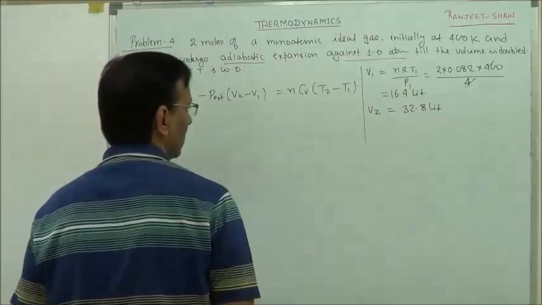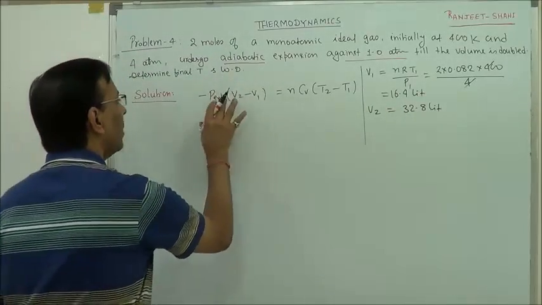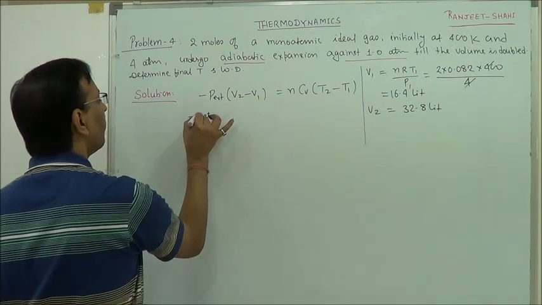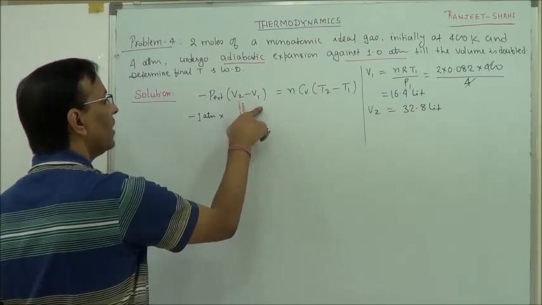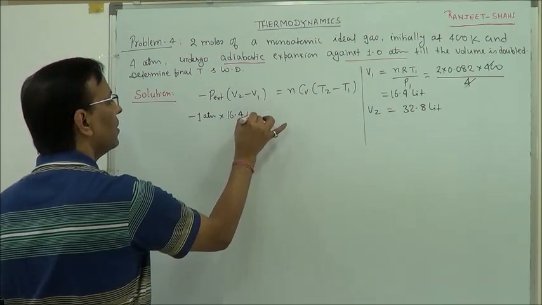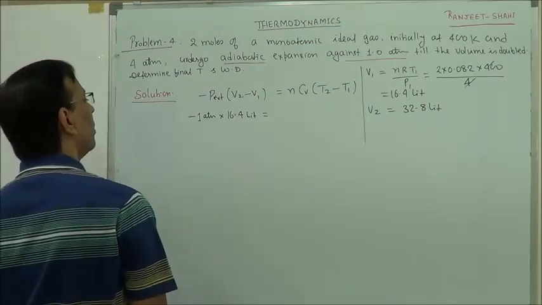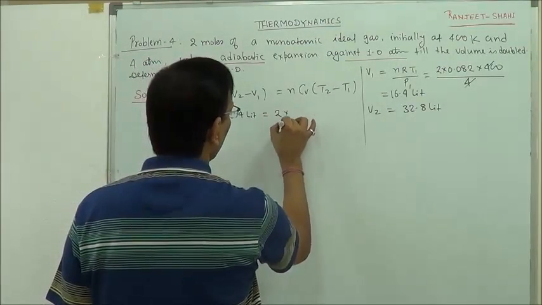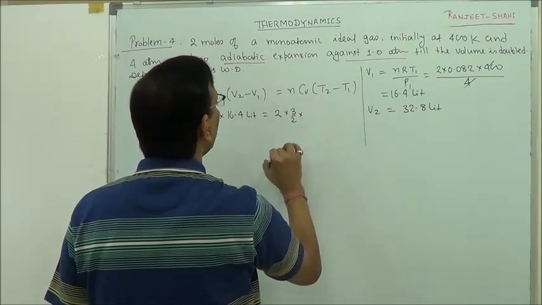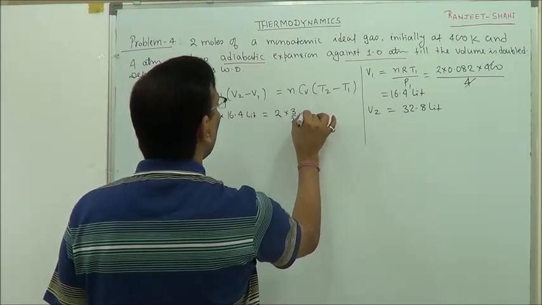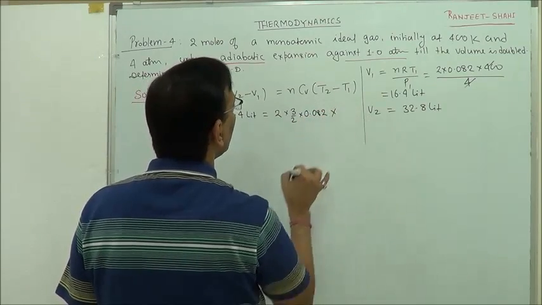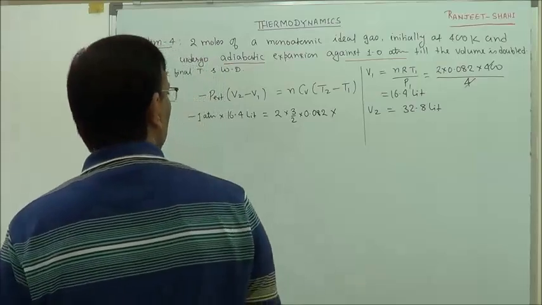So if we use that, on left side it will be minus 1 atm into V2 minus V1, so 16.4 liter, is equal to, on the right side, n is 2 mole into CV, monoatomic 3/2 R, into T2 minus T1.